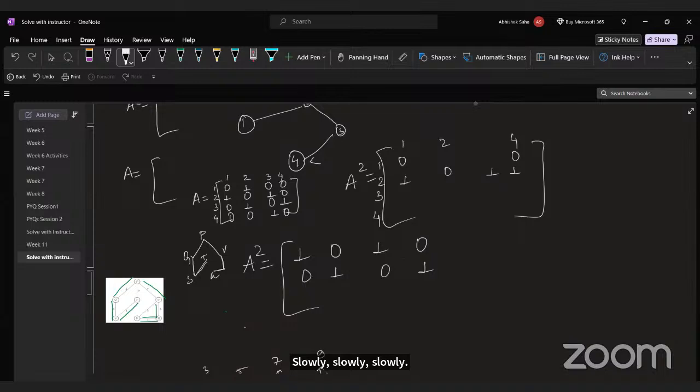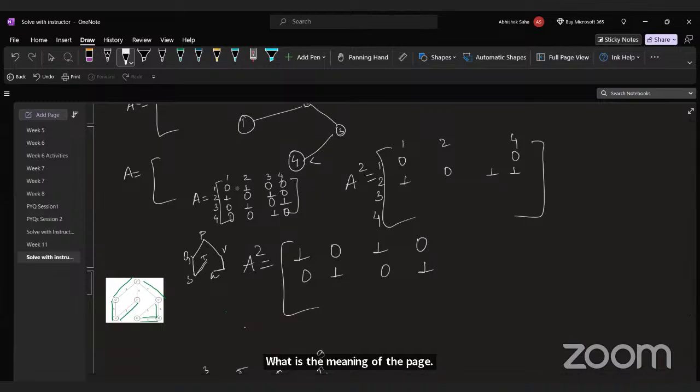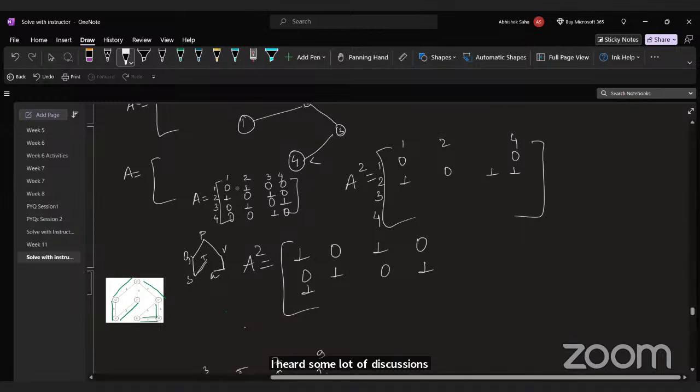The student should understand what is the meaning of a loop, and what is the meaning of the weightage. I heard a lot of discussions about a negative loop, or cycle. What does it mean?